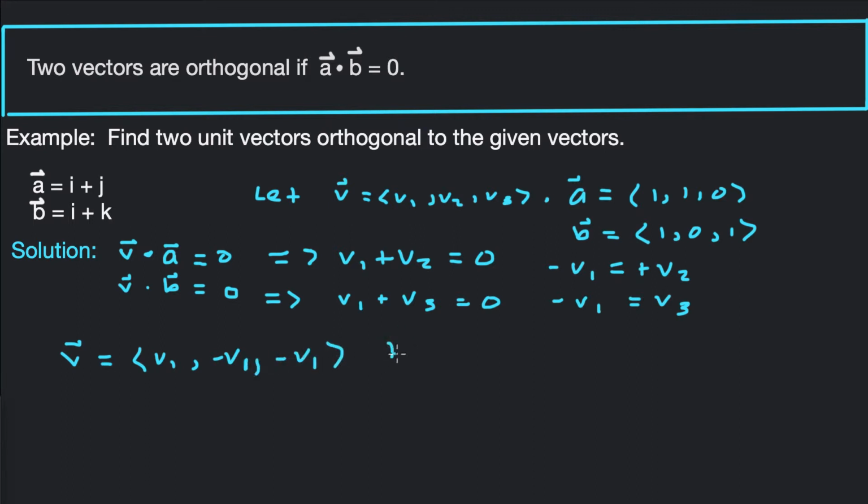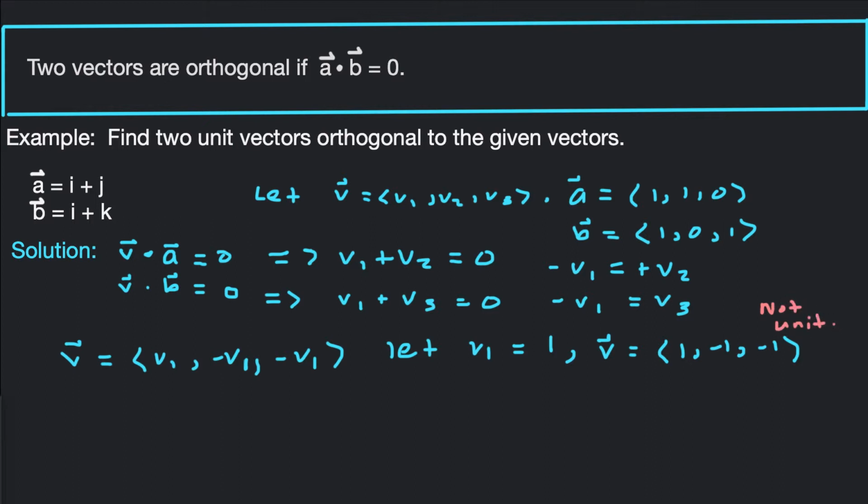All right, so we'll let v1 be equal to 1, and then v would be equal to 1, negative 1, negative 1. But this is not a unit vector.